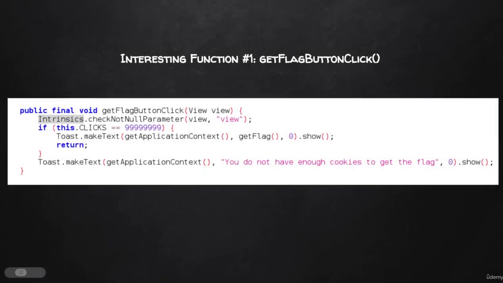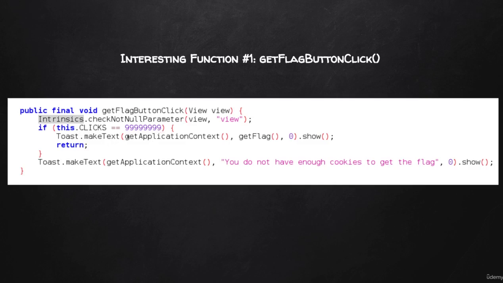As I scroll down in the main activity, it has two functions which are of our interest. Interesting function number one is the get flag button click. This function gets called whenever we click on the Get Flag button. According to this function, we need to click the button this many times to get the flag.